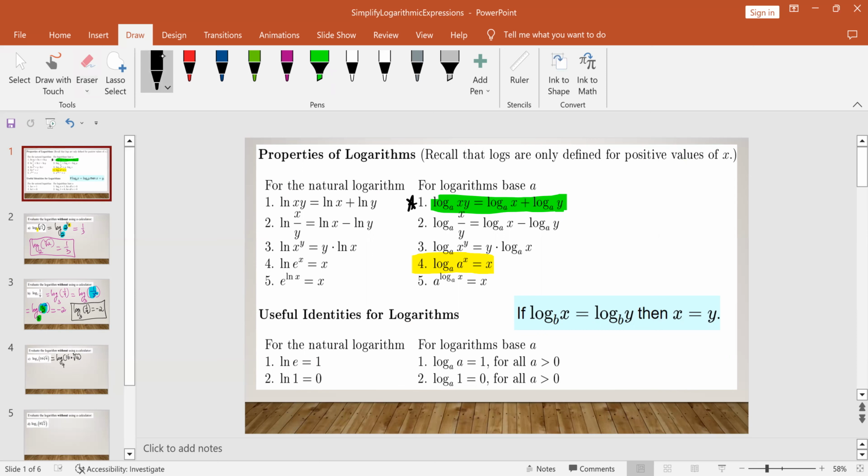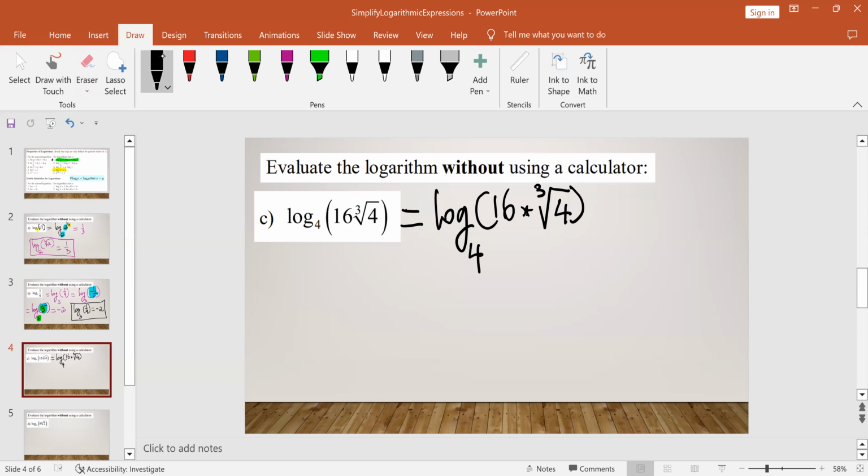So if we go back, we're going to write it as the logarithm, the base will be the same, of 16 plus the logarithm, the same base, of the cube root of 4.